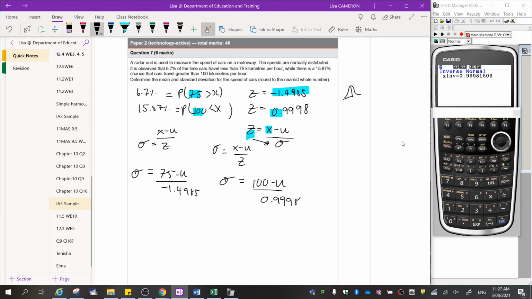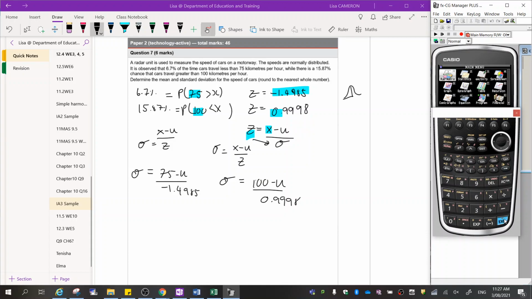0.9998. Now I'm going to go to my regular calculator, the Run-Matrix, and I'm just going to solve these using Solve N because I can.